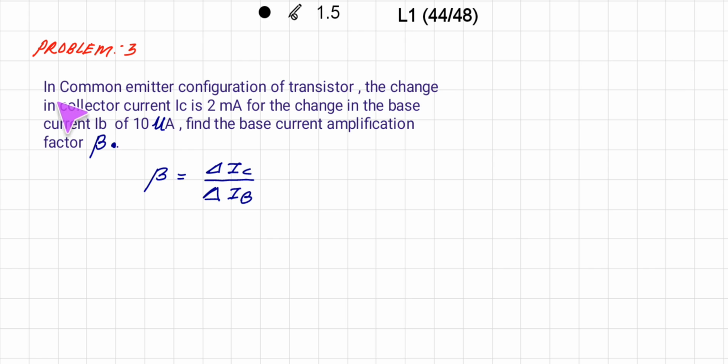See the problem third. In common emitter configuration of transistor. So we know that in case of common emitter configuration, input current is base current and output current is collector current. See here, if it is the transistor in which this is an emitter which is common, so this is input side, this is base, and here the output side, that is collector side.